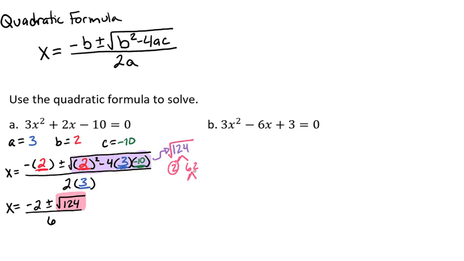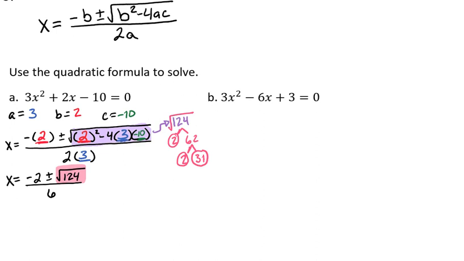Now 62 will also break down with the number 2. So if you wanted to, you could stick with 2's the whole way. Now the number 31 is a prime number. And so we can rewrite this now as x equals negative 2 plus or minus. If we look at those pairs, we have a pair of 2's, so 2 will come out. The 31's left over, all over 6.